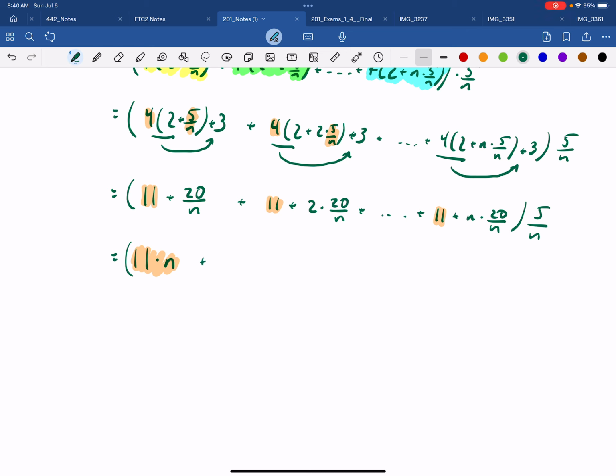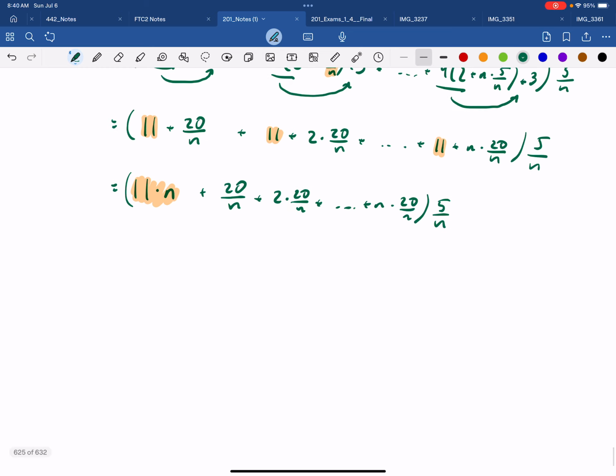Now, with the 20 over n, how many times am I adding that? Well, we've got 20 over n plus 2 times 20 over n plus and so on, plus n times 20 over n, and this is all times 5 over n, right? So that's n terms also.